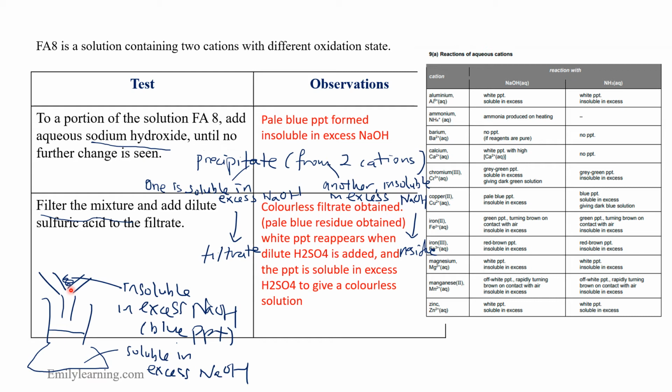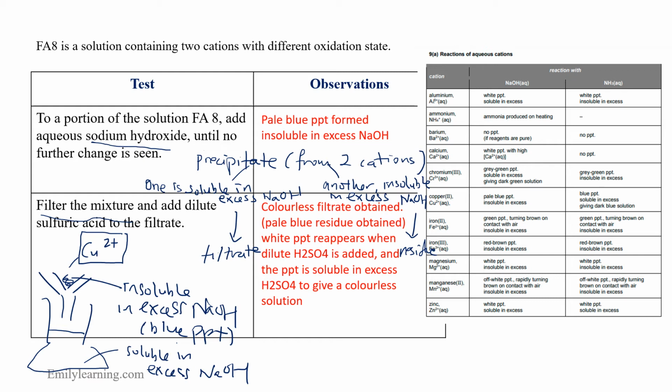So we have already identified one of the unknown cations, which is Cu2+, the one that forms a precipitate insoluble in excess NaOH.